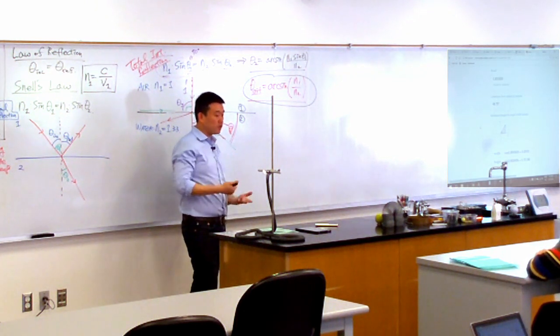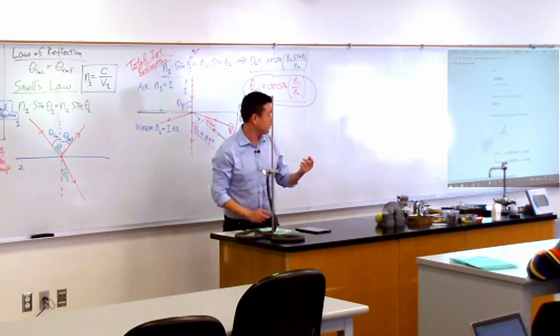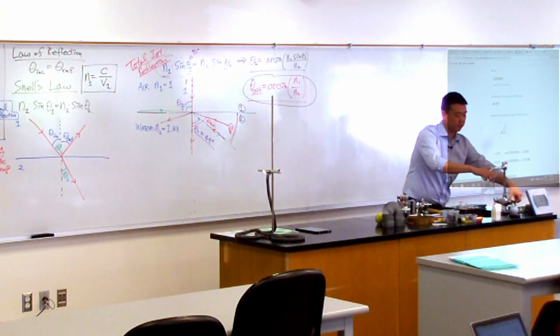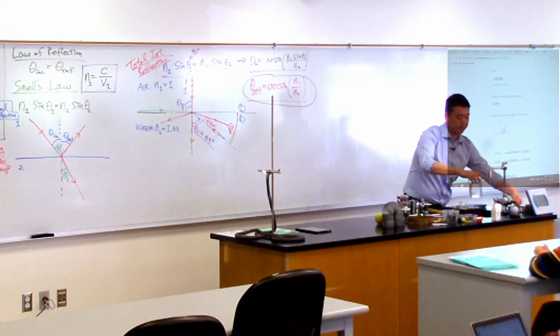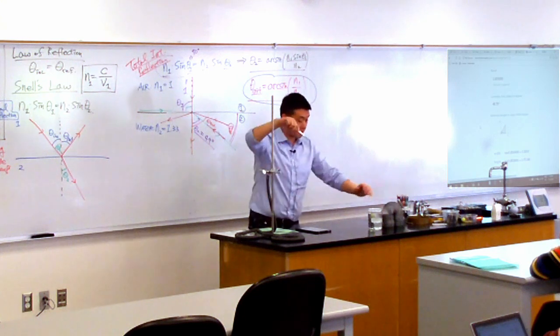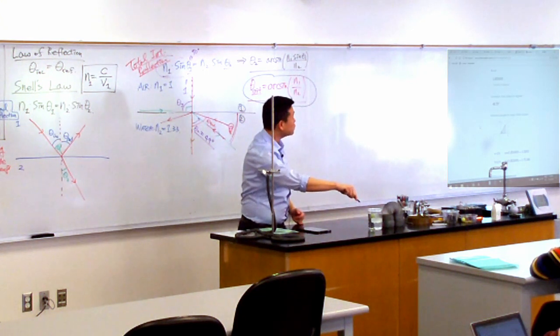Because it's not true that you can always get total internal reflection. Last time I had this beaker of water. If I shine light from outside into this water, no matter what I do, you can see how much is reflecting there, right?